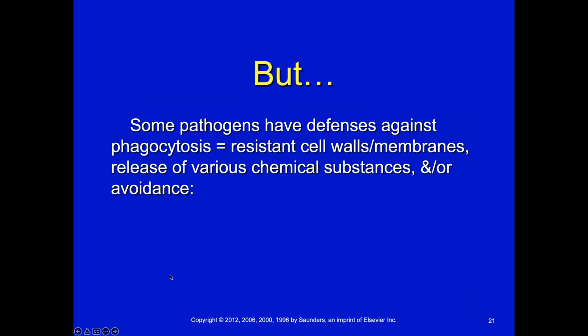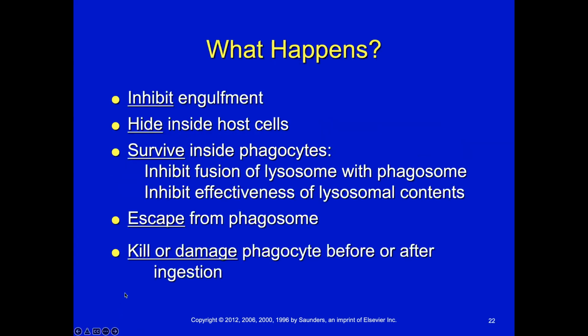Bad news is that some pathogens do manage to evade these processes. They have developed defenses against phagocytosis. These include a resistant cell wall and membranes, release of various chemical substances, and avoidance of the phagocyte or even the process.